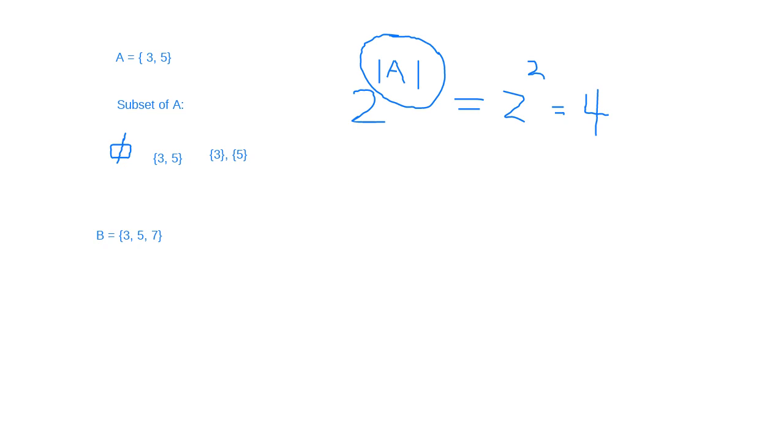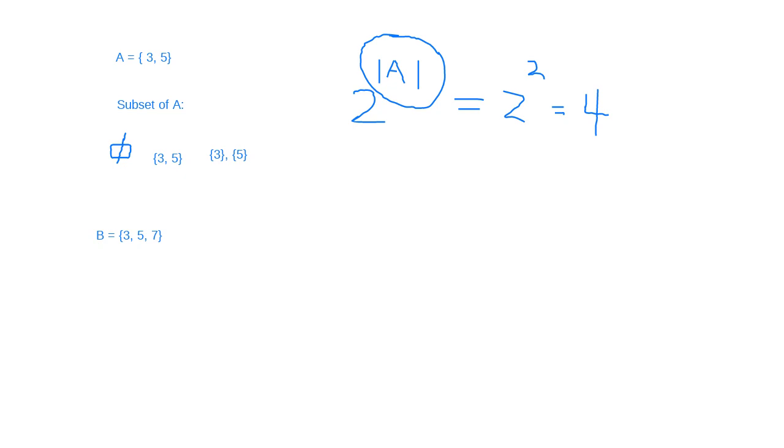So think of B as having 3 elements in it. It has nothing to do with 2 elements. This base 2 is related to something called the binomial, which we're going to learn. I'm not quite sure if we'll learn it in this course, but I'm going to talk about it later. All right, so for now, think about this.